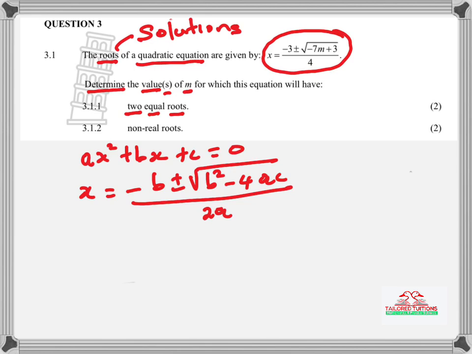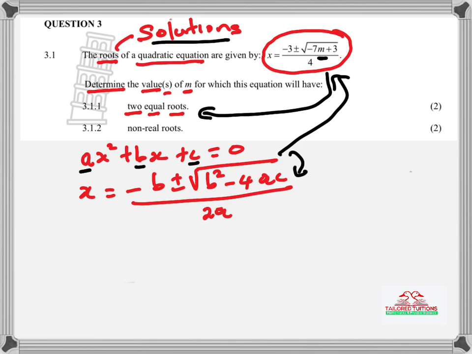After they had substituted the value of a, b, and c into this equation, this is what they found. Now they are saying to us, if we were to continue here, we want to have at the end equal roots, meaning two values that are the same in nature. So what should be the value of m so that these values can be the same, or the solutions can be what? Can be the same.